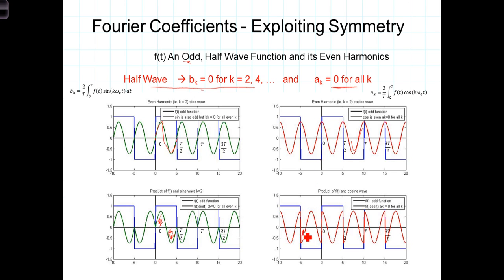It turns out that this area here plus this area there is the same as that area there, so that when you integrate, again, the a sub k's equal 0. So we have then, when there's half-wave symmetry, the b sub k's, the sine terms where you have an even number of periods in one period of your function, those b sub k terms will be 0.